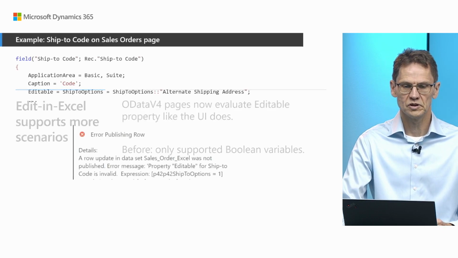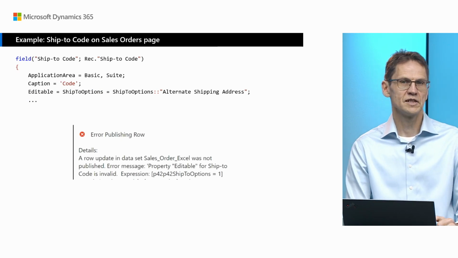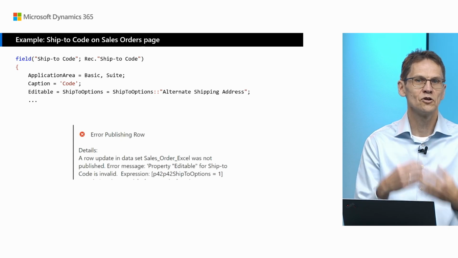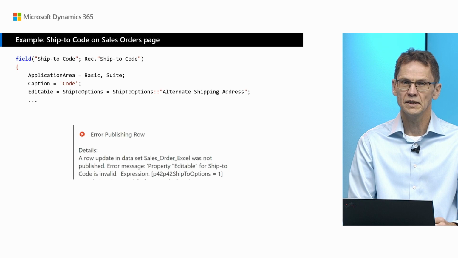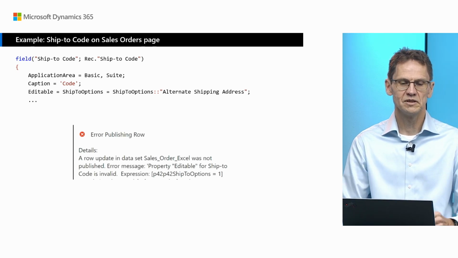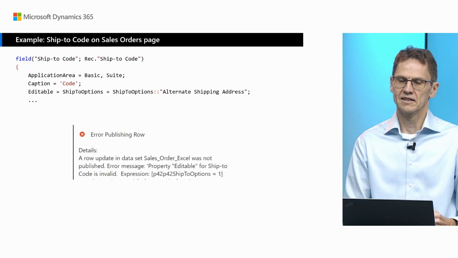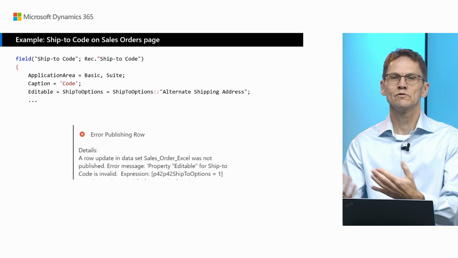So what you would see sometimes, for instance, in the ship to code on the sales orders page, which has an editable property which is calculated and not just a simple Boolean, then when you were publishing your data, you would get an error message about the property editable not being valid, meaning that a number of pages couldn't be used for Edit in Excel.